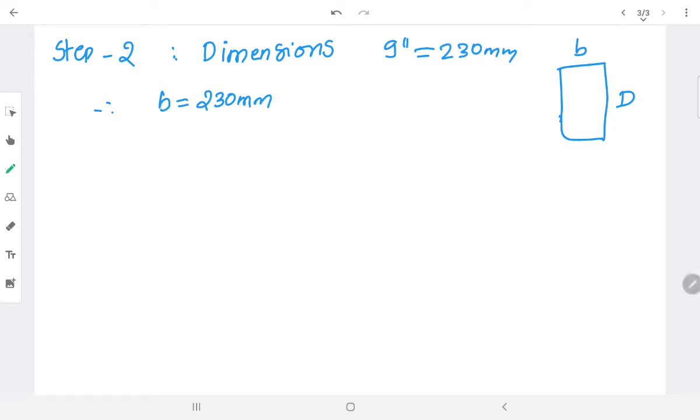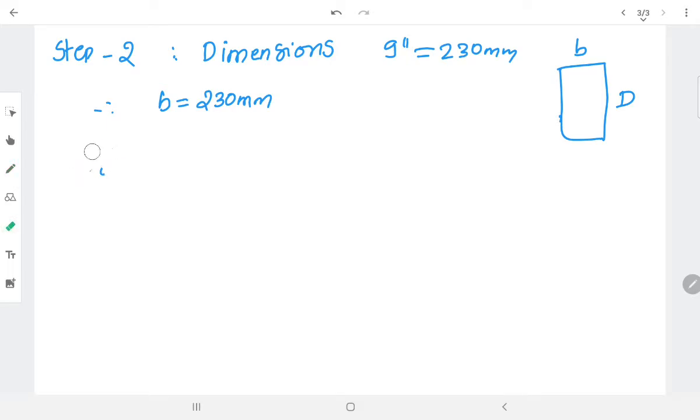The next step is I need to find out the depth of beam. Here we have some guidelines. It depends on the L by D ratio.